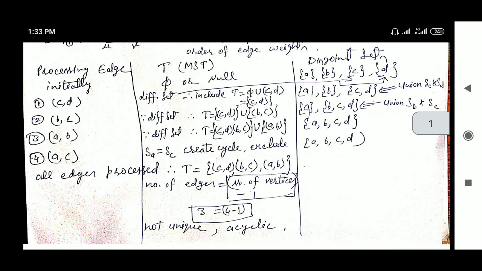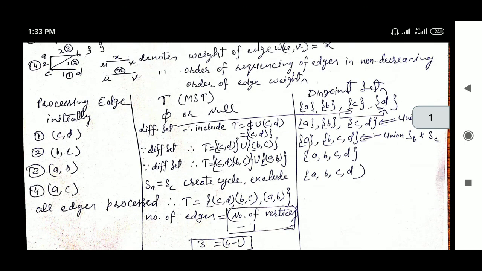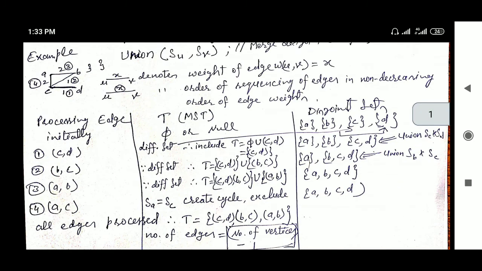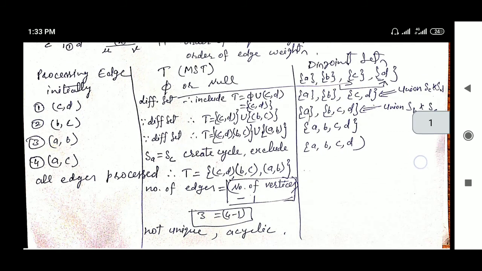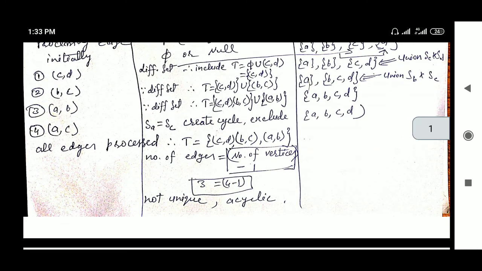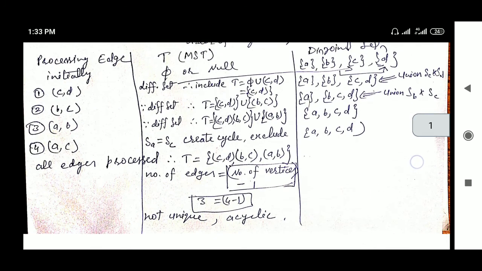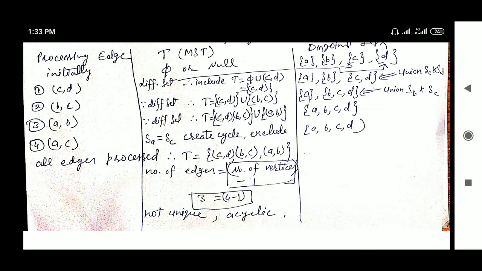Finally T has the edges CD, BC, and AB. So CD, BC, and AB is the pattern number 2, with total weight 4, and it satisfies the property that the number of edges in the MST is the number of vertices in the graph minus 1, that is 4 minus 1, 3 is equal to 3.